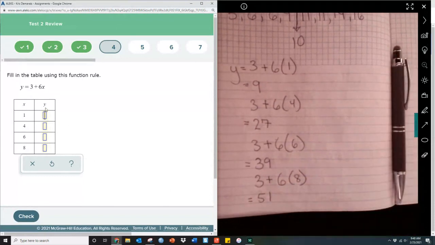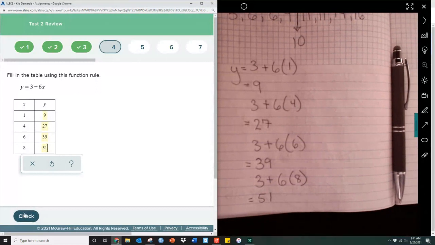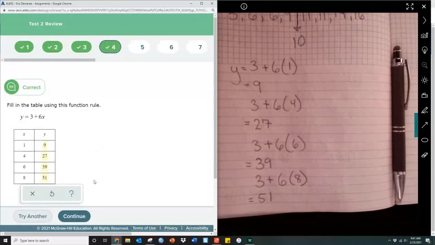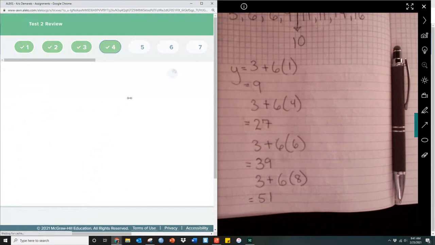And then those are the numbers we're plugging in. So then we're looking at 9, 27, 39, and then 51. So it's just a matter of multiplying and then adding the 3, right? And they're going to give us quite a few of these. I think there's 3 of them in a row.